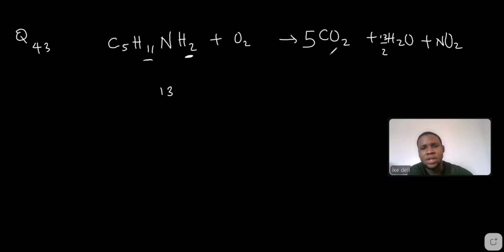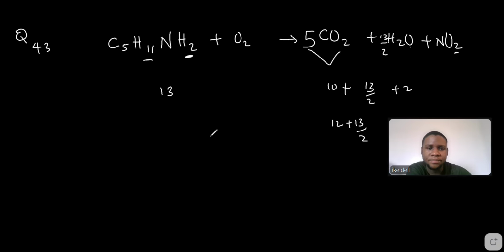So let's count, shall we? 5 times 2 is 10 plus 13 over 2 times 1, that's 13 over 2. And this is 2. That's the number of oxygen that we have on that side. So 12 plus 13 over 2, that's what we have there.